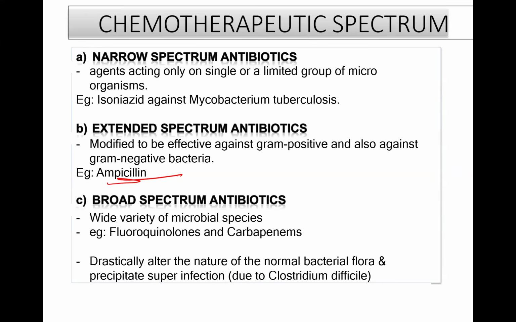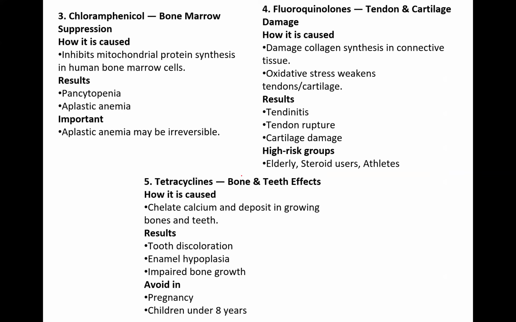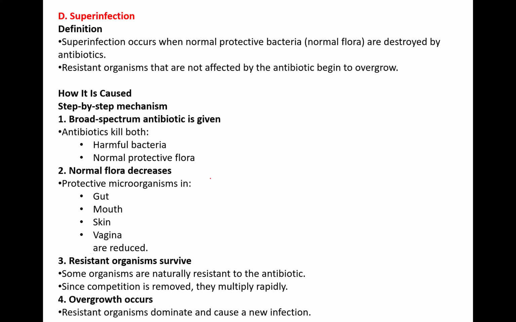So these broad spectrum antibiotics have a problem. Even though they are helpful, they can drastically alter the nature of the normal bacterial flora and they can precipitate something called superinfection. Broad spectrum means they are effective against a wide range of organisms, and they can kill harmful bacteria in the body as well as our normal protective flora.